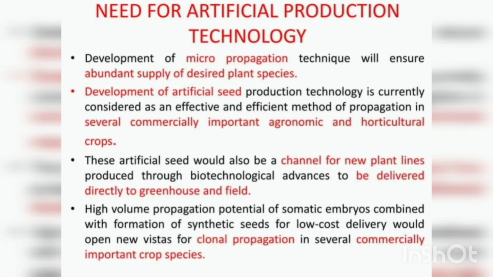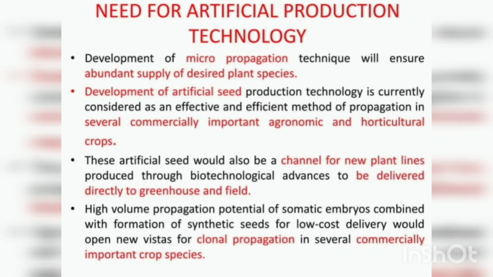As for the need for artificial seed production, the development of micropropagation techniques will ensure that an abundant supply of desired plant species is available. The development of artificial seed production technology is currently considered an effective and efficient method for propagation in several commercially important agronomic and horticultural crops.